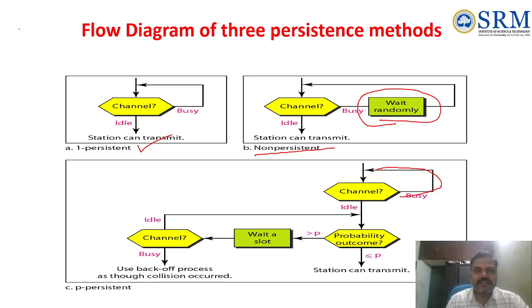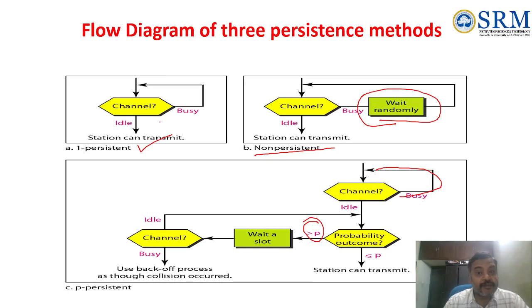Is there any logic behind why it is waiting even though the channel is free? Yes, the answer is, the problem we have in one persistent is that when two stations identify the channel to be free, to be idle, both will start the transmission. But in P persistent, we are avoiding that. Even though two stations find the channel to be free, their probability values will differ.